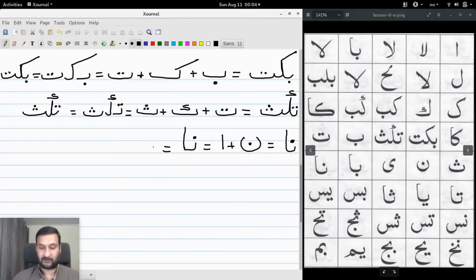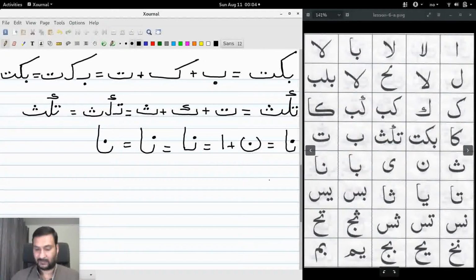If I write it fluently, I can write noon alif like this, and I can also write noon alif like this. Both are correct. The dot can be right above this small little vertical line, and the dot can be right in the middle. That's the same. Noon alif.